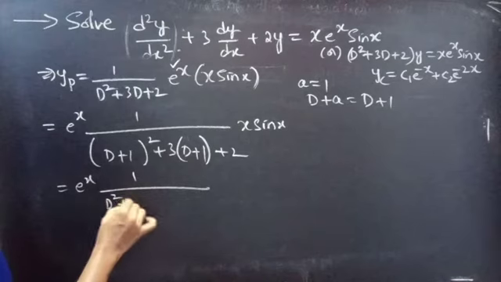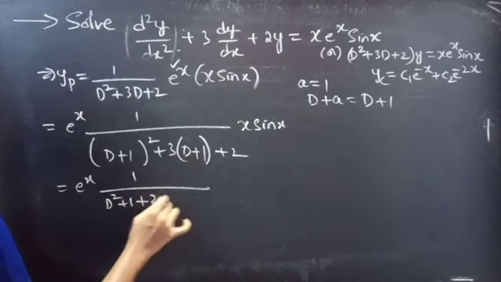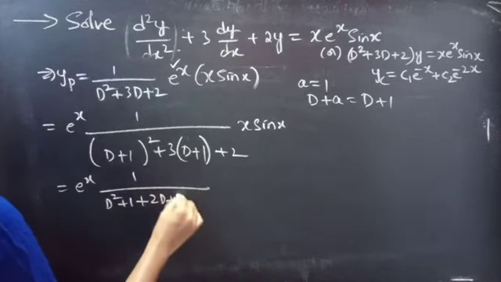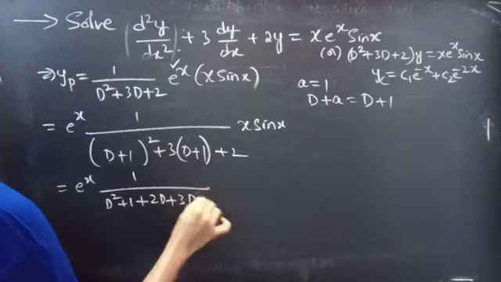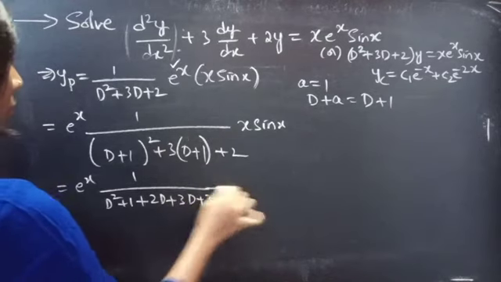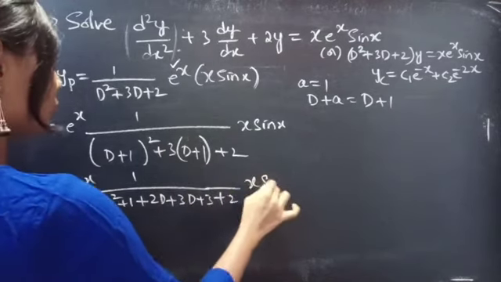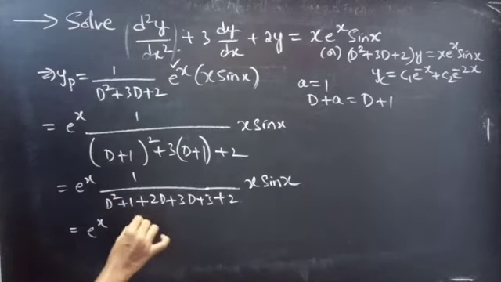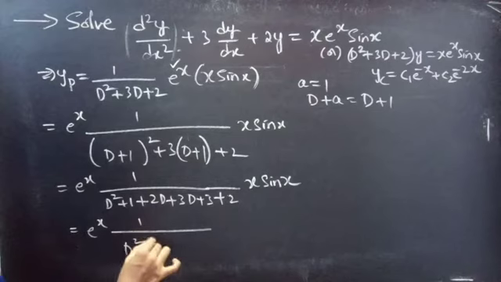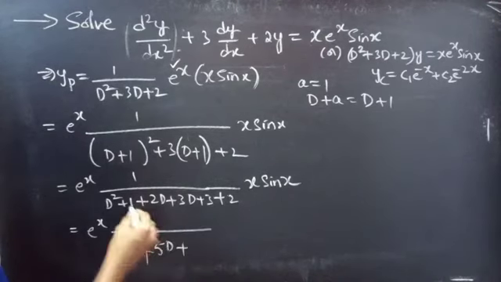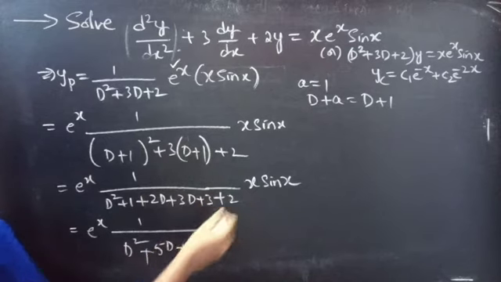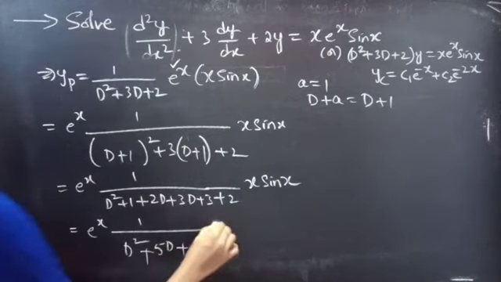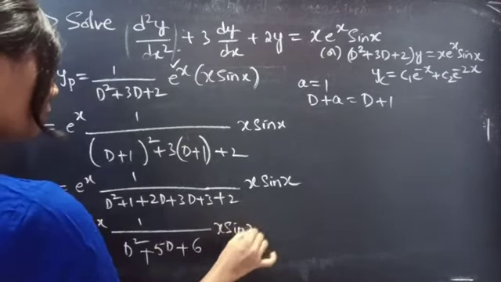We'll get D square plus 1 square is 1 plus 2D plus 3 into D, 3D plus 3 into 1, 3, plus 2, into x sin x, is equals to e power x into 1 by D square plus 2D plus 3D is plus 5D, 1 plus 3 is 4, 4 plus 2 is 6, into x sin x.